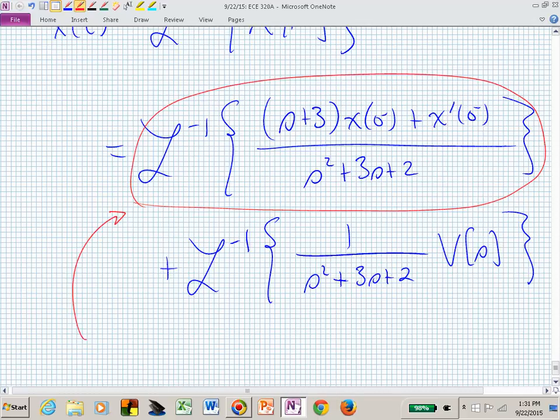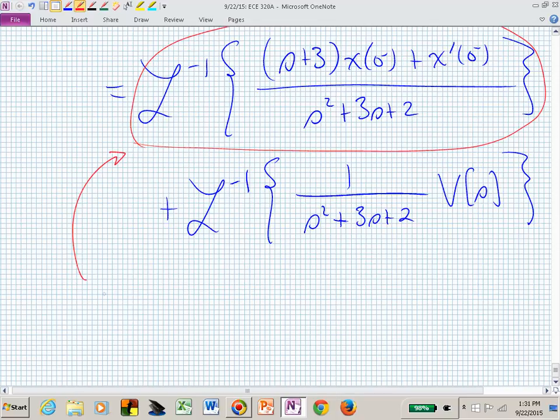If I have those values and I weight them and divide by that quadratic, I now have the Laplace transform of that circuit's initial condition response. This, when we take it into the time domain, will be the response of our circuit due to initial conditions.